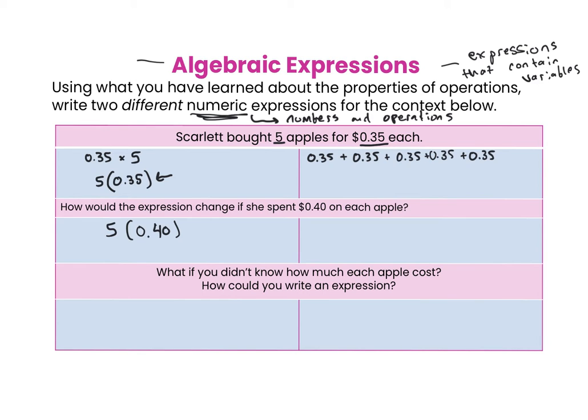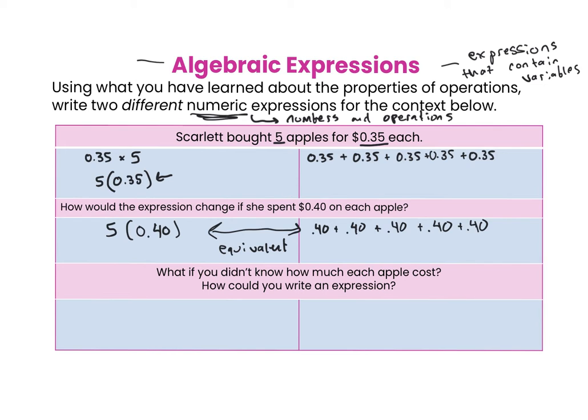Using Mary's method, we could also say, well, she bought 5 apples. Each one costs 40 cents, so that's 40 cents plus 40 cents plus 40 cents plus 40 cents plus 40 cents. Again, these 2 expressions are equivalent, meaning they have the same value.